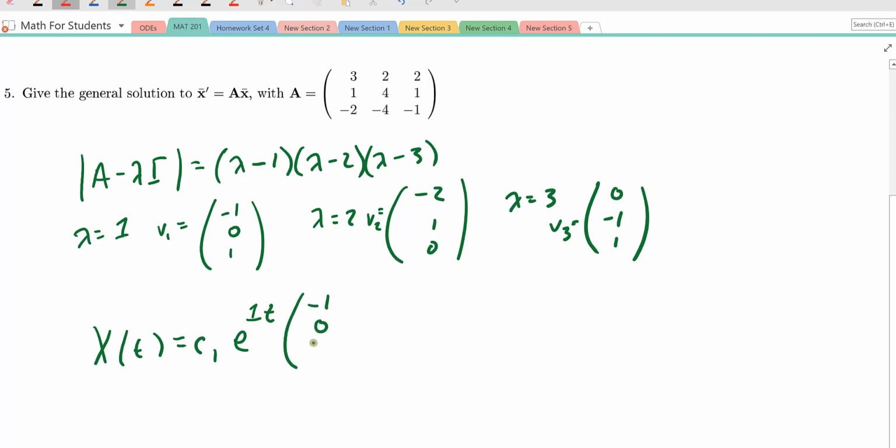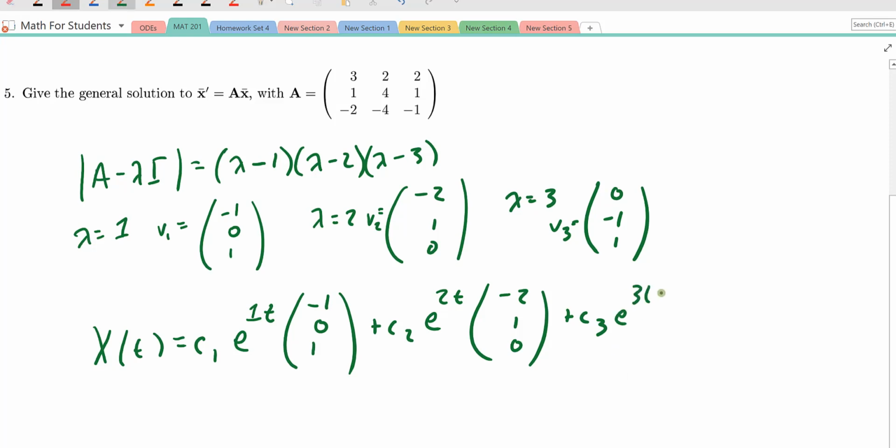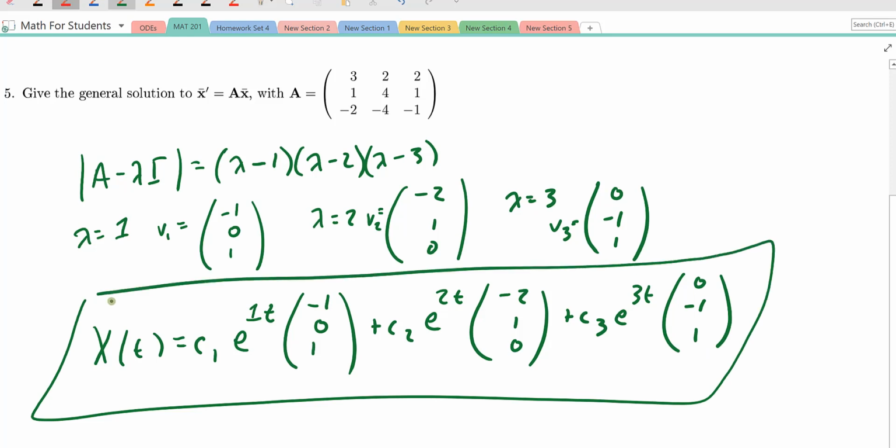Because of that, we can simply represent our solutions component-wise, where each solution is an e to the eigenvalue t, times its associated eigenvector. You can see what I'm doing there. I'm simply representing it the way we did in the 2x2 case.